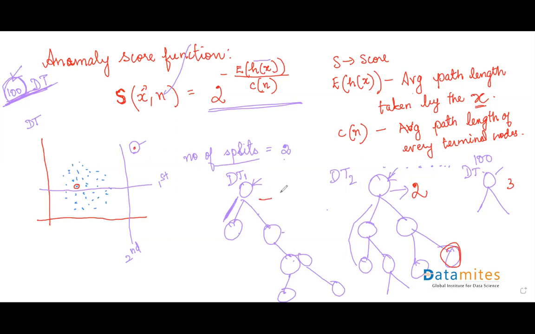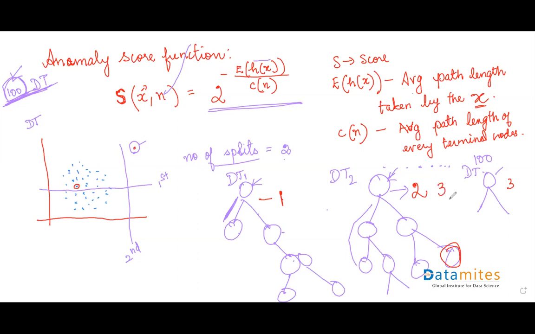So here, let us say in one split we got the outlier isolated, and in the second one it took 2 splits, and in the third decision tree, let's say we got 3 splits.